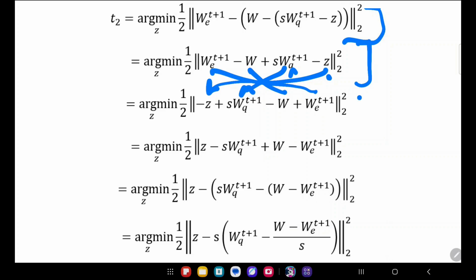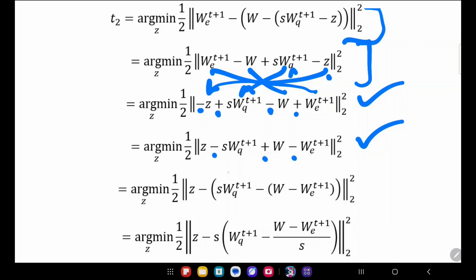Since we are taking the square root of the squares of the values in this L2 norm, we can invert all the signs. This means that minus becomes plus, plus becomes minus, minus becomes plus, plus becomes minus.